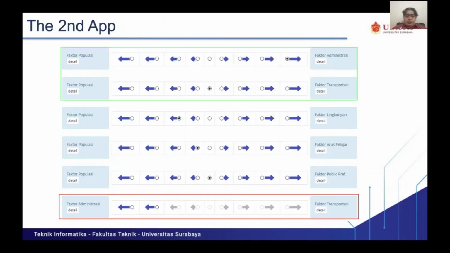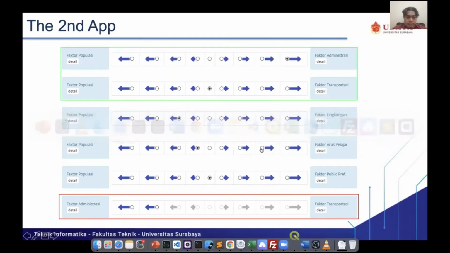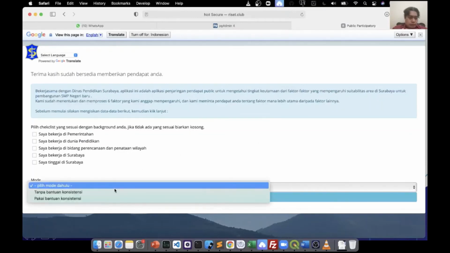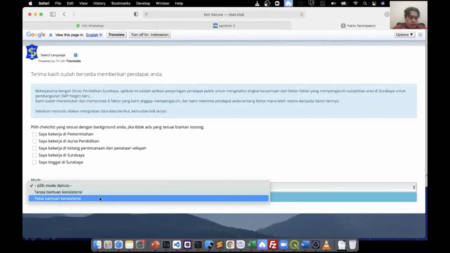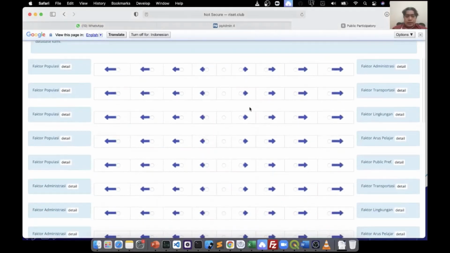And this is the application. I will show you the web application. This one with consistency. Okay, for example, population factor and administrative factor.